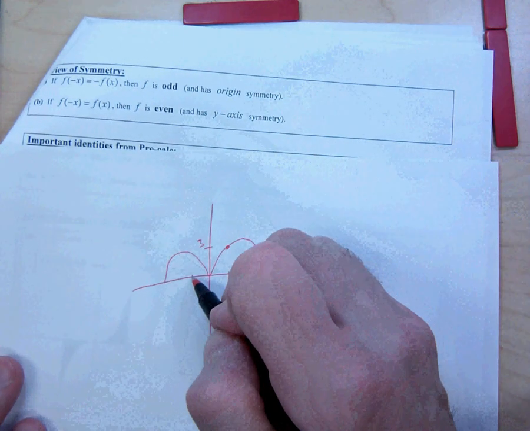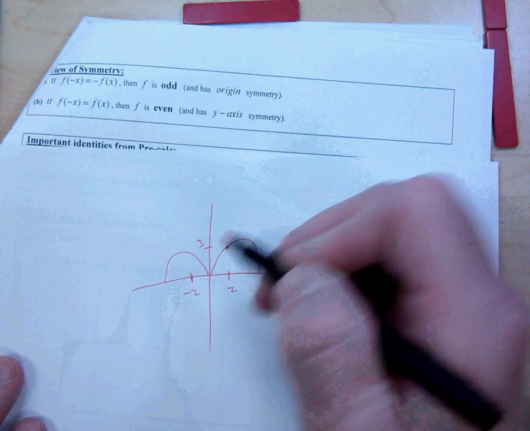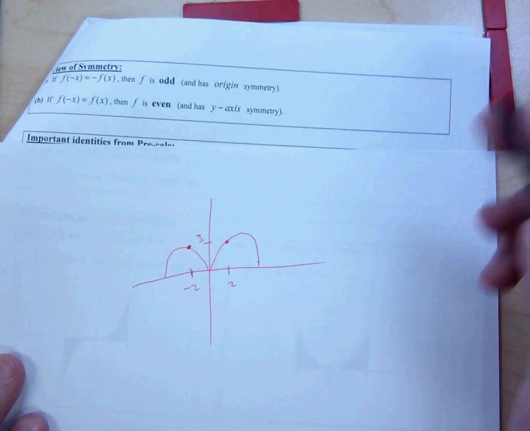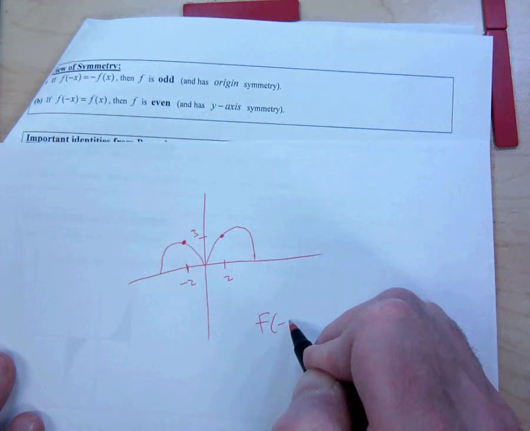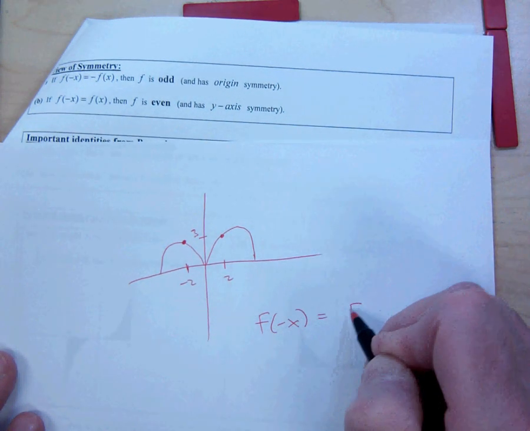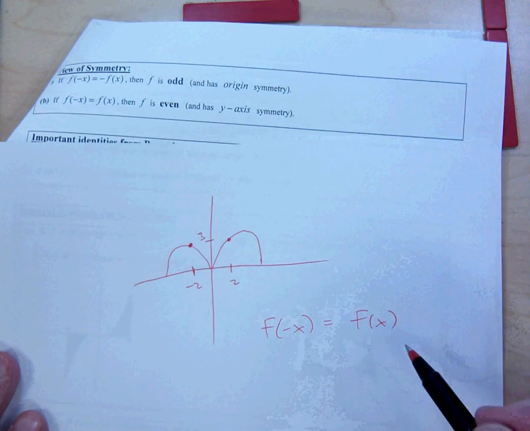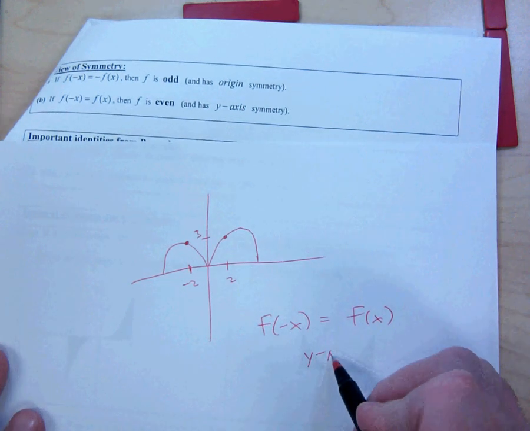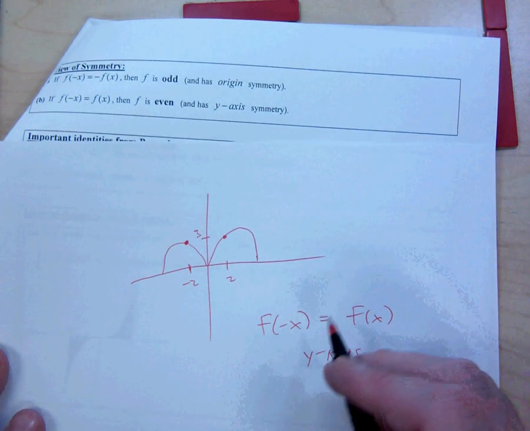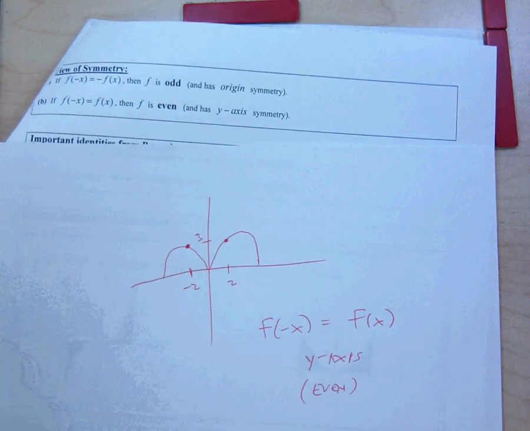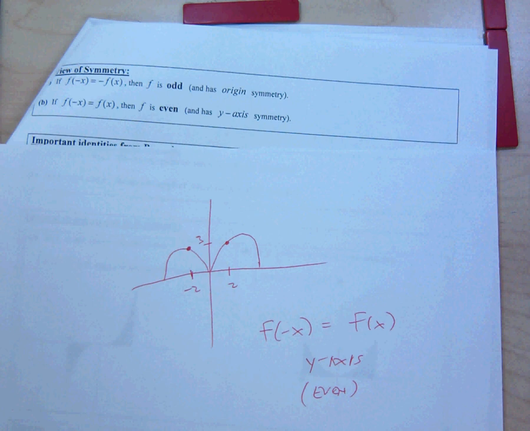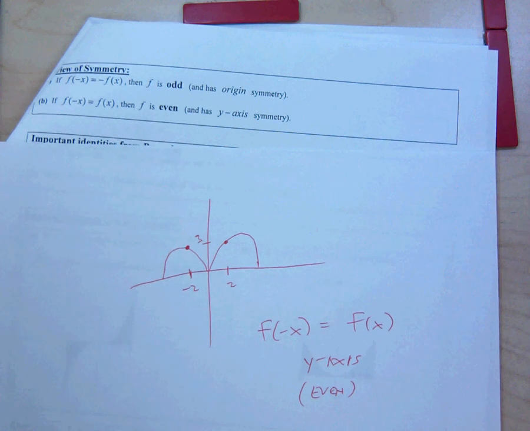What do you get for the y value when you plug in negative 2? You get 3 again. So the bottom line is, if you replace x with negative x, right, and you get the same y value back, that means it has what type of symmetry? Y-axis. In other words, what type of a function? Even. Okay, so if you think about it, you really don't need to memorize what's going on here, right? It's just common sense, isn't it?